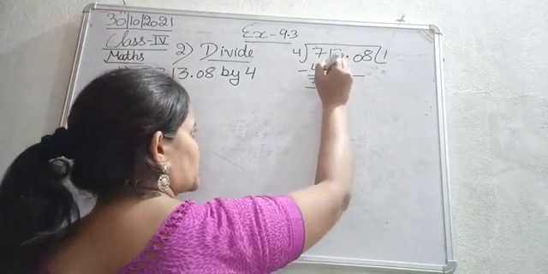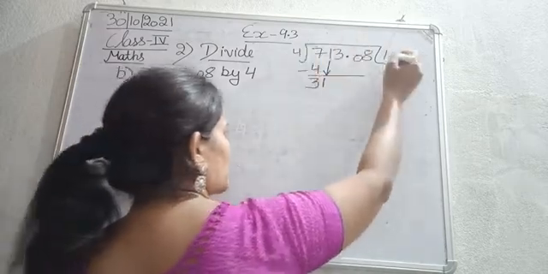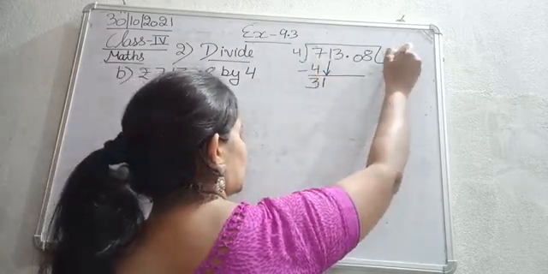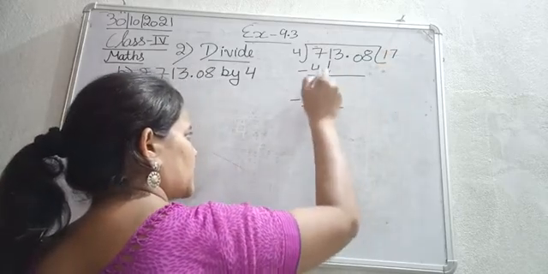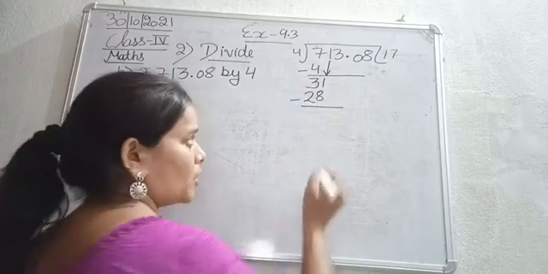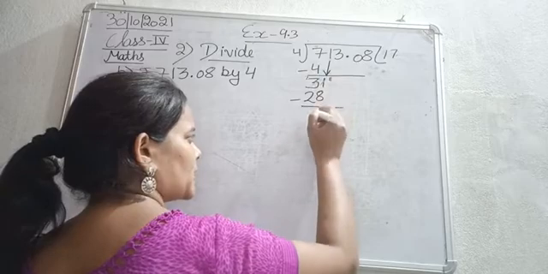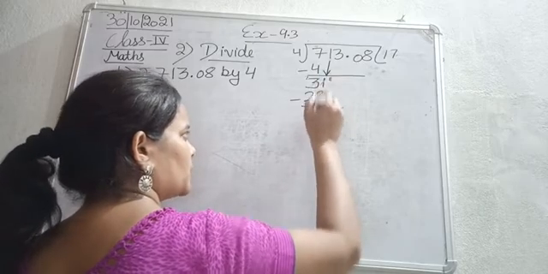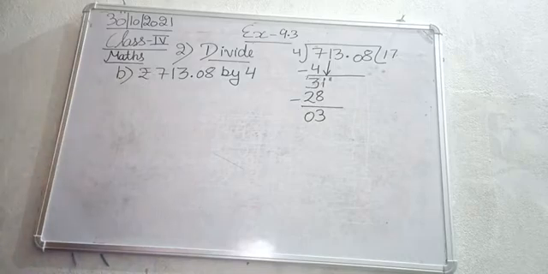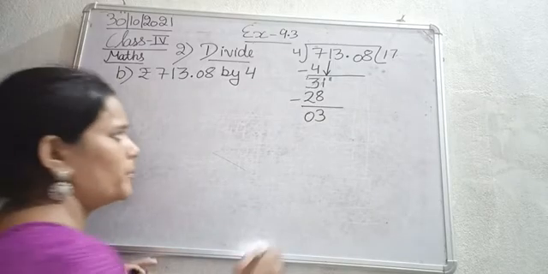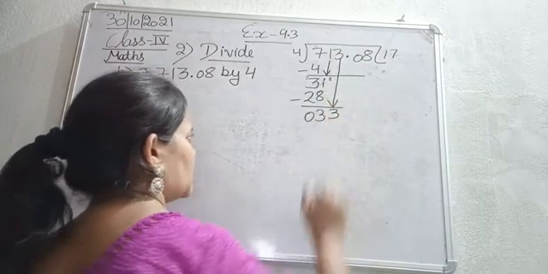Now bring down the next one, that is 1. 4 sevens are 28. So 31 minus 28 is 3. Now bring down the next number.